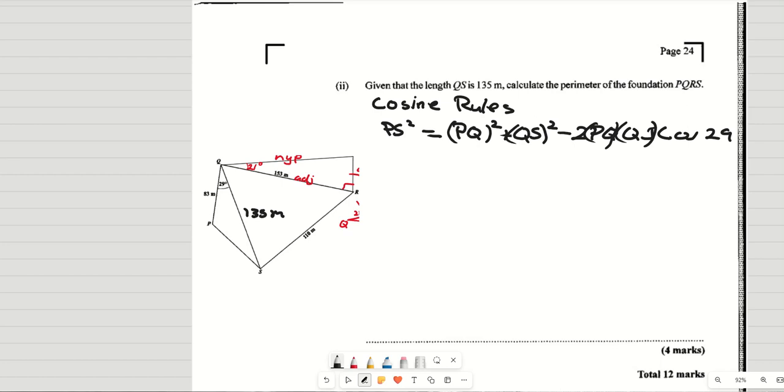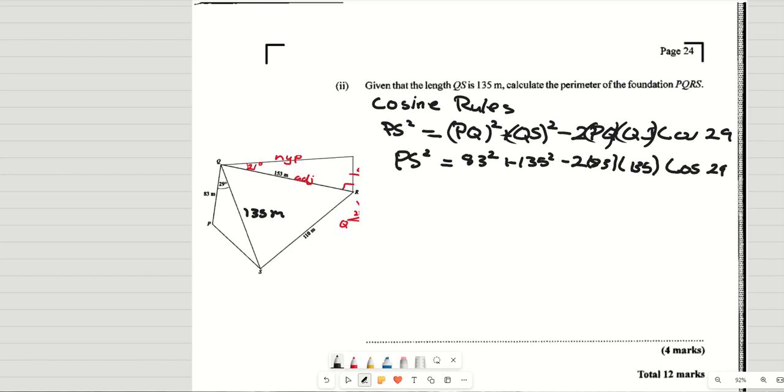We don't know PS, so PS squared would be equal to PQ, which is 83 squared, plus 135 squared, minus 2 by 83 by 135 cos 29.